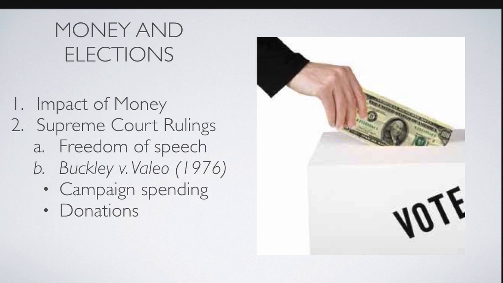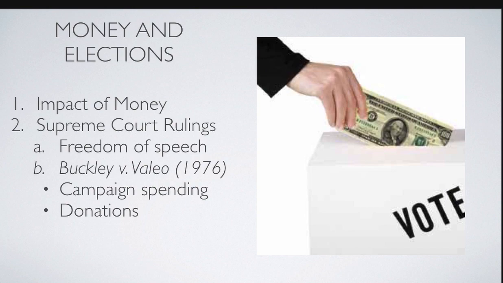And so I want you to know two things that come out of this Supreme Court case. Number one is that it allowed candidates to spend as much money as they want on their own campaign. So when it came to campaign spending, if you could fund it yourself out of your own private money, you can spend as much as you want. That's your money.